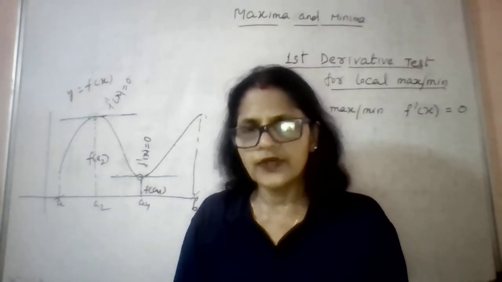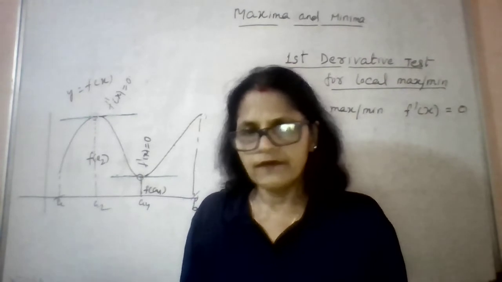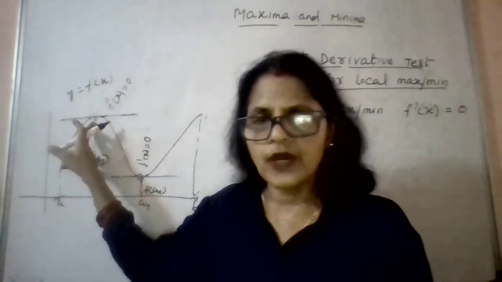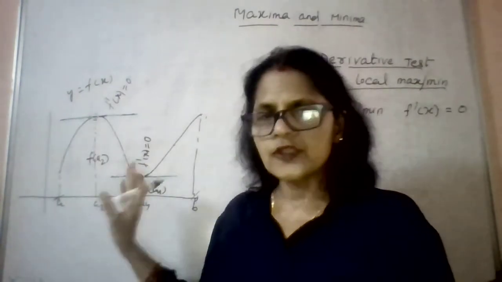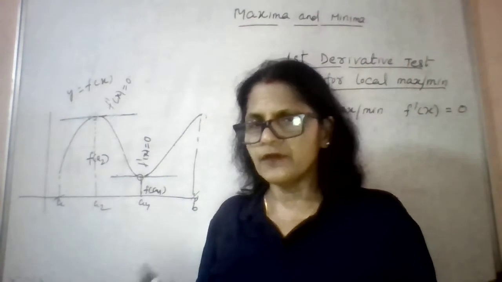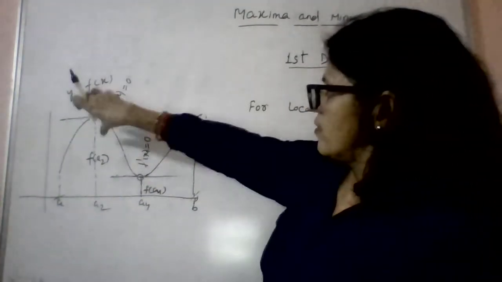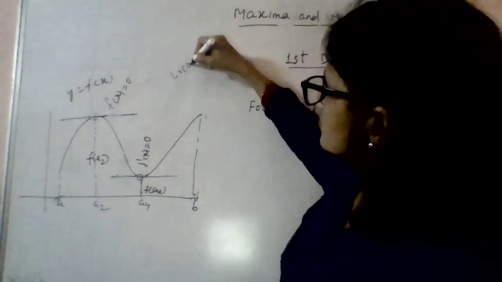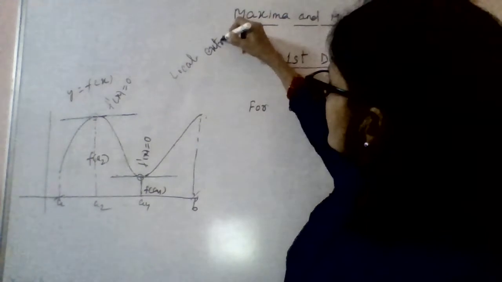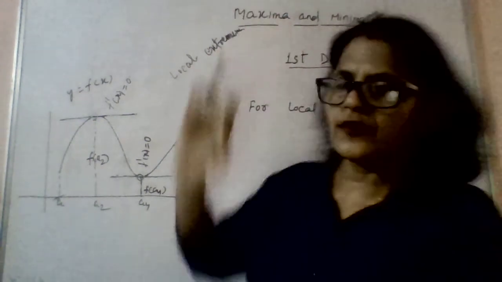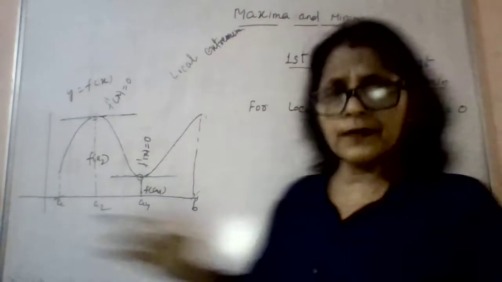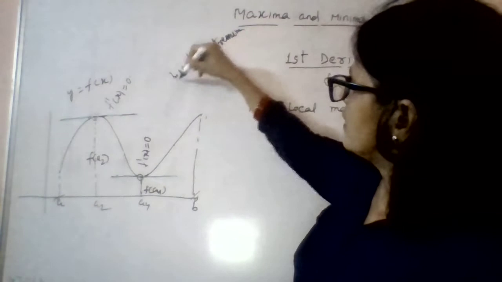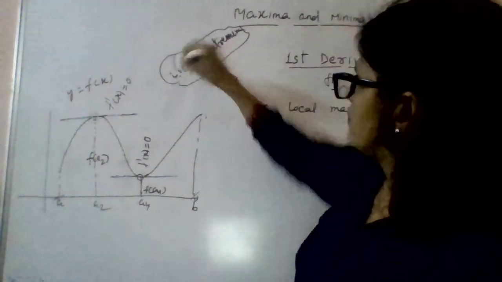So at the critical points, the derivative is 0. A point of local maximum or a point of local minimum, we call a local extremum. The plural is local extrema. Extreme means either maximum or minimum. So a point of local maximum or local minimum, we call a point of extremum.